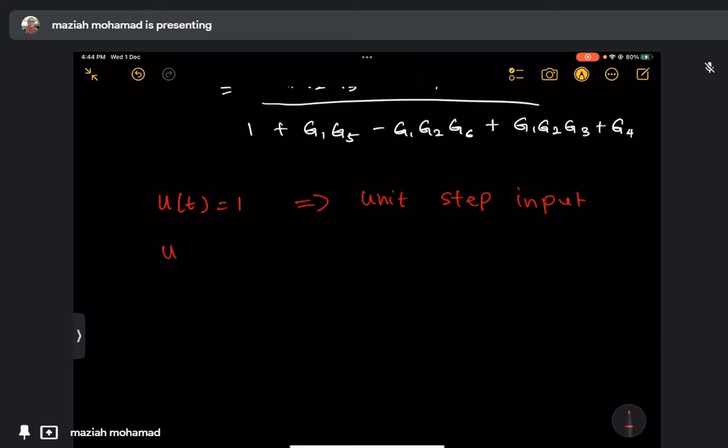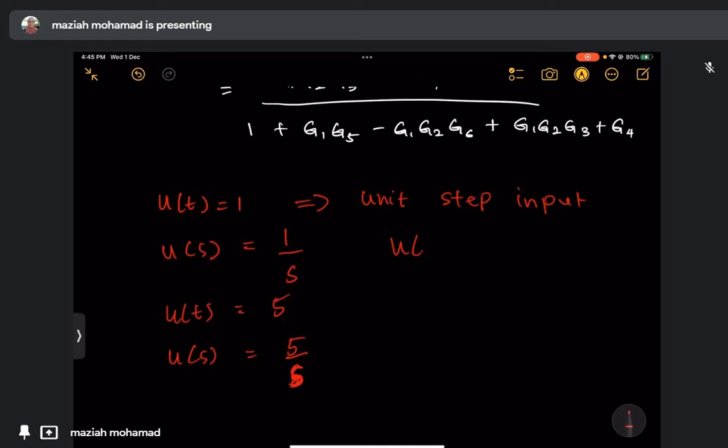So meaning in Laplace, it will become U(s) equal to 1 over s. Okay, so if u(t) equal to 5, this is not a unit step input, it's 5 unit step input. So in U(s), it will become 5 over s. Doctor, how is the u(0)? Pardon? u bracket 0?